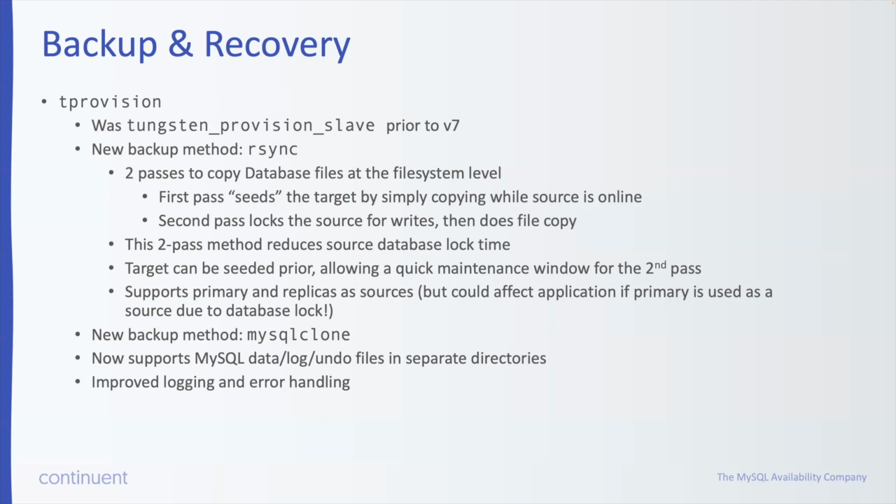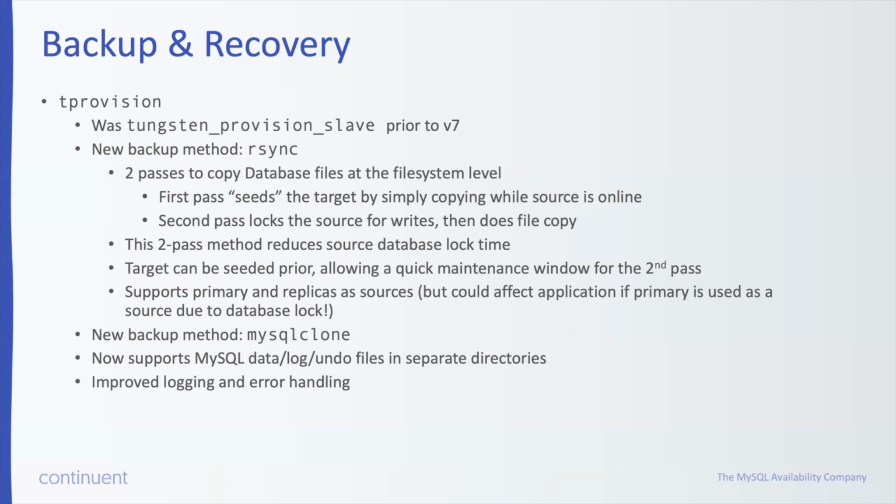Now, simply copying a database normally is not a good idea because you'll end up with inconsistencies in your database and the file system. But there are ways to make this work, and it could work really efficiently when done correctly. And so, what we do is the following. We actually do the rsync twice, right?